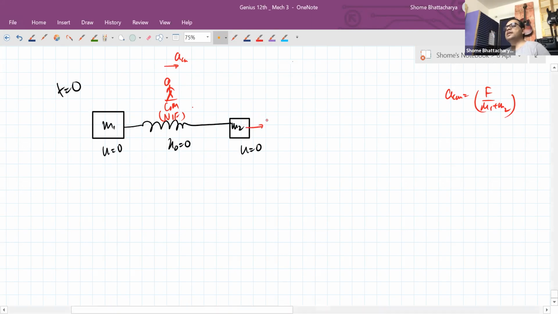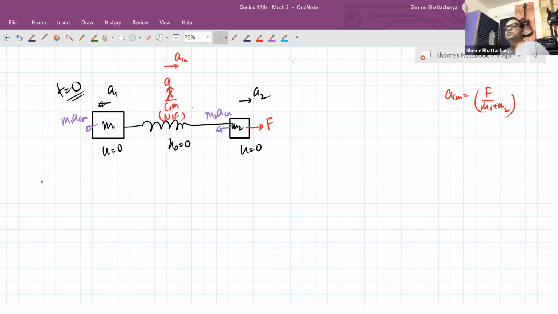Okay. So the only forces acting on them are the two pseudo forces and this external force F. So at t equal to 0, the acceleration of this block with respect to center of mass is like this, and the acceleration of this one with respect to center of mass is like this.